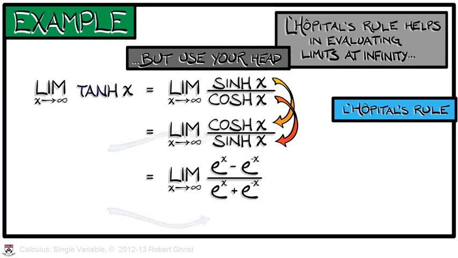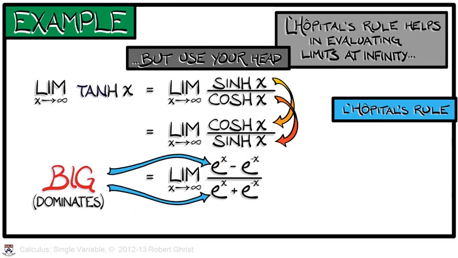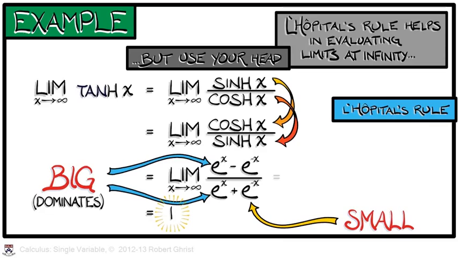Now let's think about that. Those first terms are big. e to the x gets large very quickly as x goes to infinity, and e to the minus x gets very, very small. Let's ignore it. What would we get? Well, I think you could argue that the limit ought to be 1.